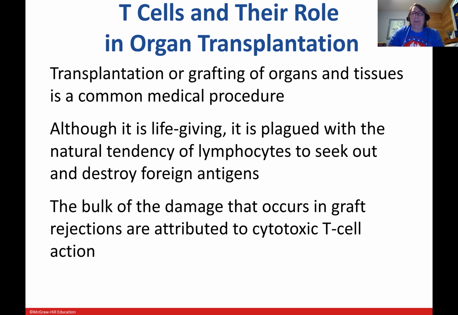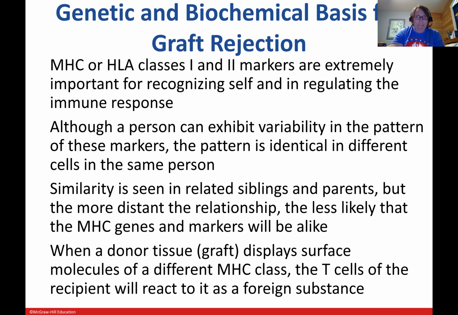So the bulk of damage that occurs in graft rejections are those cytotoxic T cells that are killing the tissue that has been grafted in. Okay, so remember in chapter 13, we talked about the major histocompatibility complex, also referred to as the HLA.